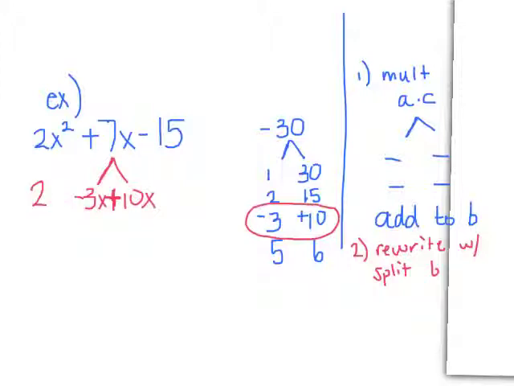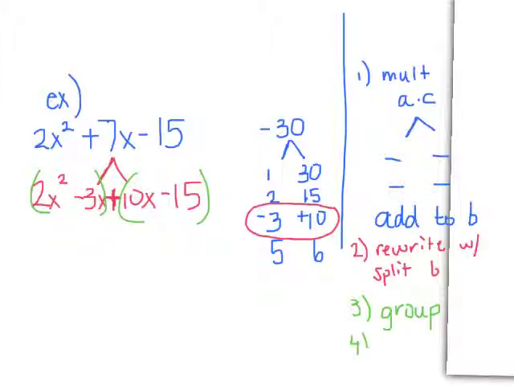Okay, so you still have 2x squared. We're not changing that, and we're not changing minus 15. All right, step 3. This is where you really start factor by grouping. Group. So group and group. Step 4, pull out.